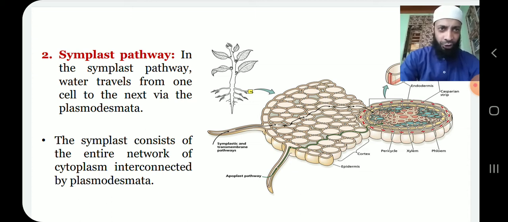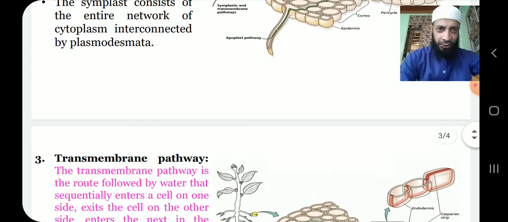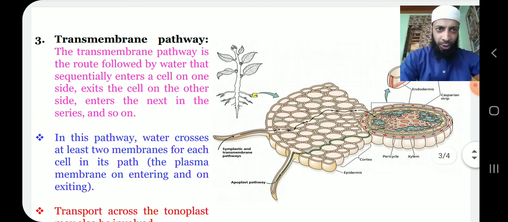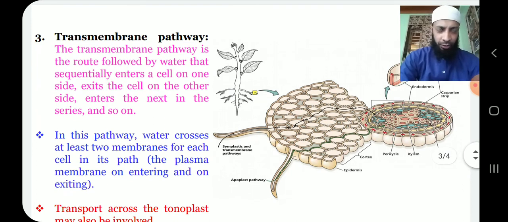As you see in this diagram very clearly, that is shown with the help of black arrows. And third type of pathway is called transmembrane pathway, wherein water flows from one cell to another cell by crossing plasma membrane.